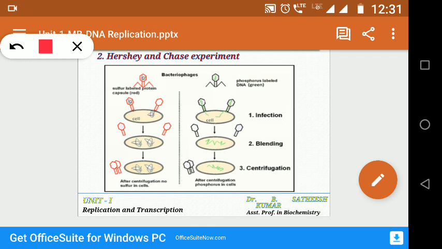So in one experiment, they used radio labeled protein coats of bacteriophage, and in another set of experiment they used radio labeled nucleic acids.